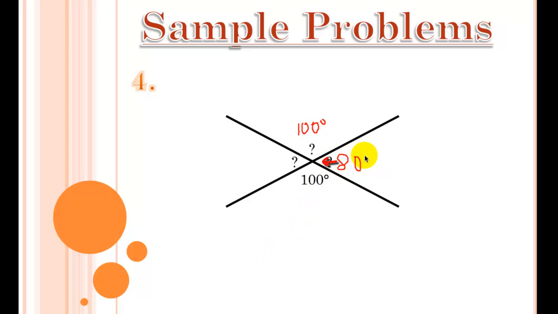Now we have 80 degrees for this angle. What you can do is use the supplementary angle theorem on this side, or you can use the opposite angle theorem, so that's what we'll use. This angle is 80 degrees, and since this is the opposite angle, this angle will also equal 80 degrees.